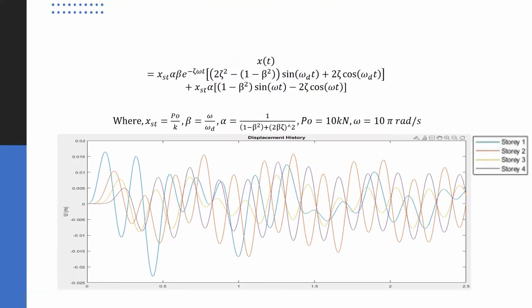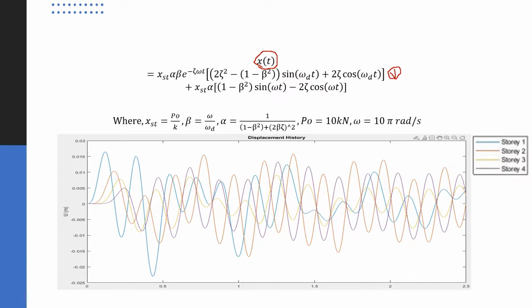The general response of the system can be represented by this equation. The first term of this equation represents the transient response of the system. This term closely resembles the solution of a damped free vibration and is a function of the system's natural period, and is damped out quite quickly.